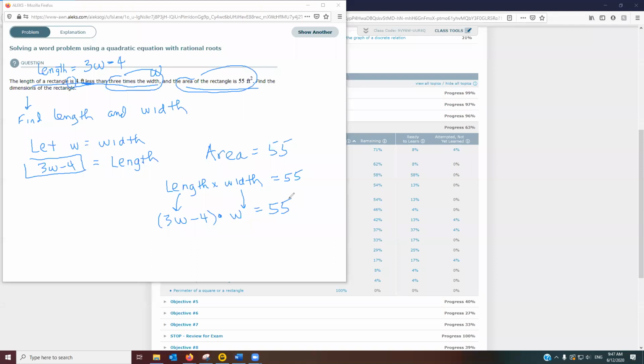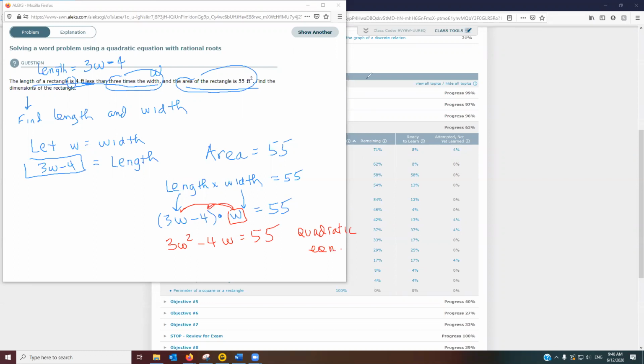Now I need to solve this equation. All right, what I'm going to do to start with is let me take this W and multiply it inside the parenthesis using distributive law. Well, that's going to be 3W squared minus 4W equals 55. Well, now you might notice this is a quadratic equation. Remember, anytime the variable is raised to an exponent 2, it's a quadratic equation.